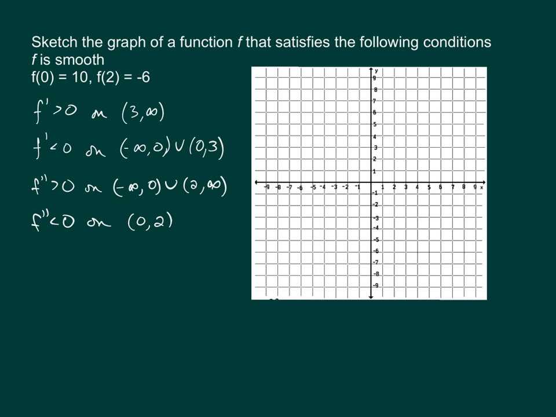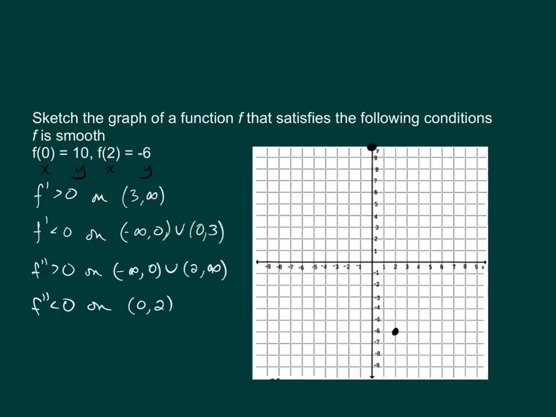I see f of 0 equals 10. That is simply an x and a y value, so that is the y-intercept way up here at 0 on the graph. Anything about the original function I will be using black ink. And over here I have f of 2 being negative 6, so f of 2 is way down here.